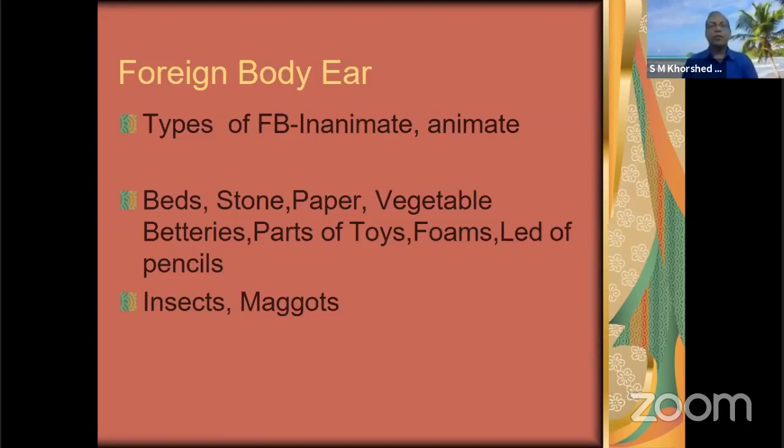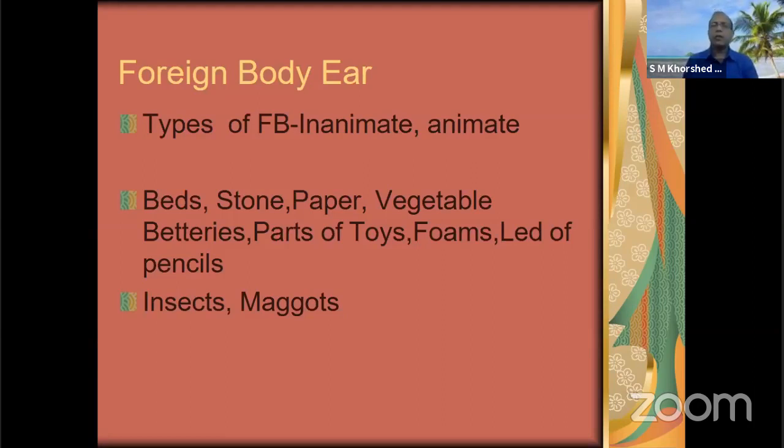Types of foreign body can be inanimate or animate, living or non-living. Inanimate means non-living, animate means living. The non-living foreign bodies are beads, stones, papers, vegetables, batteries, parts of toys, foams, leads of fences, a lot of things we have taken out as foreign bodies from the ear.